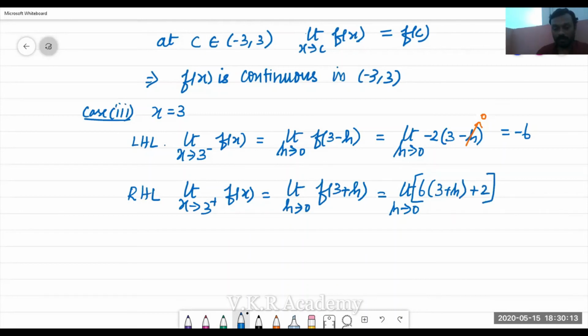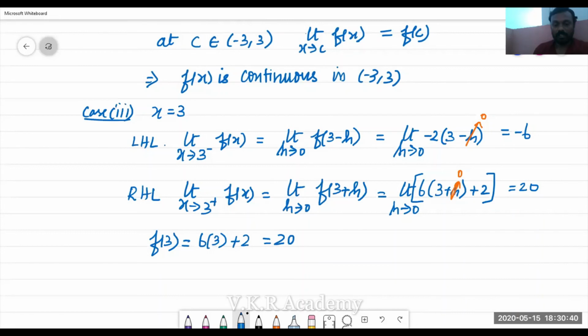So when you allow h tends to 0, the value is going to be 20, and f of 3 is included in the third interval, and f of 3 is equal to 6 into 3 plus 2 is equal to 20.